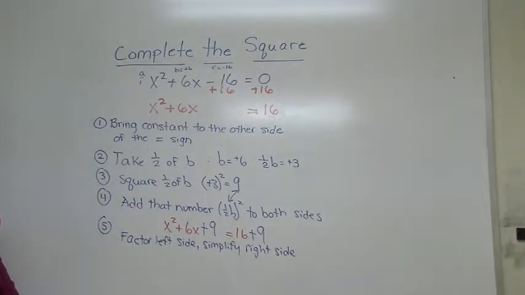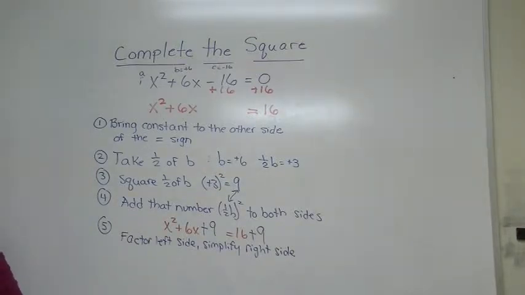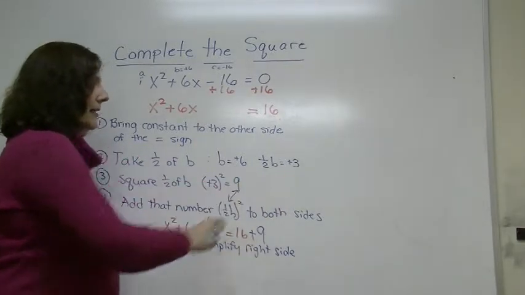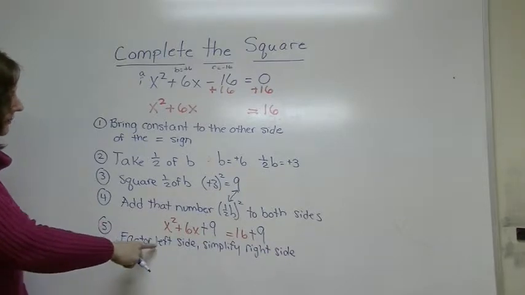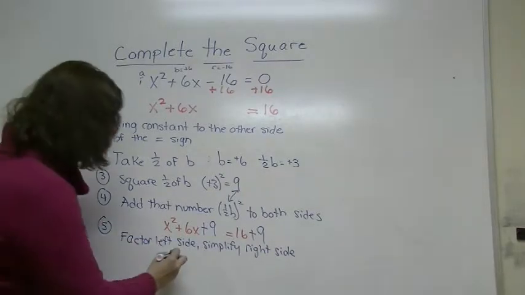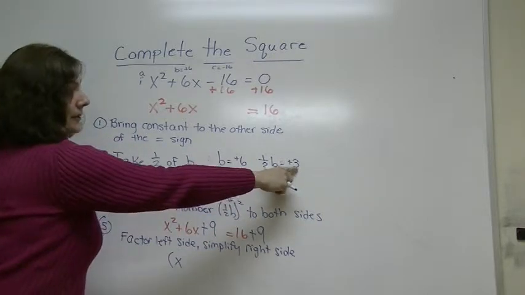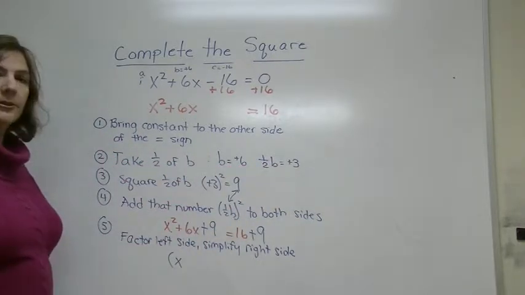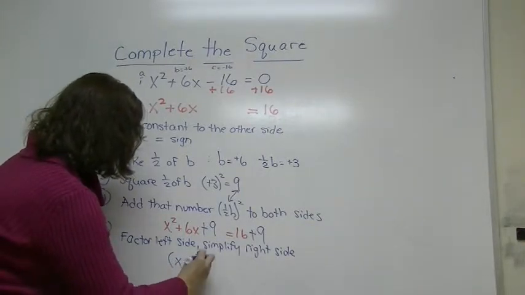Now, the shortcut to factoring the left side, and the reason we wrote out step number 2, is when we took half of b, which was positive 3, what this is going to factor into is always x plus, or minus, whatever sign that is, whatever that value is, squared.